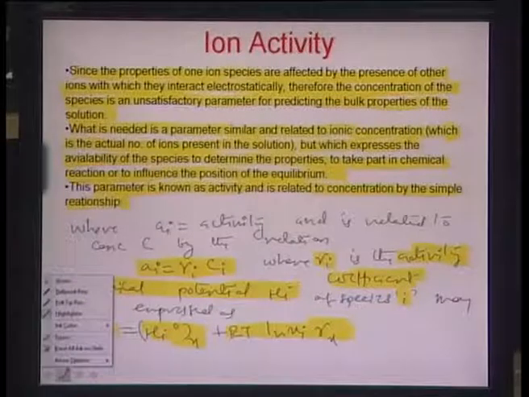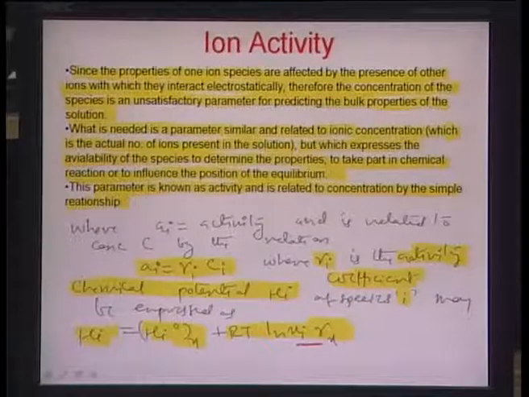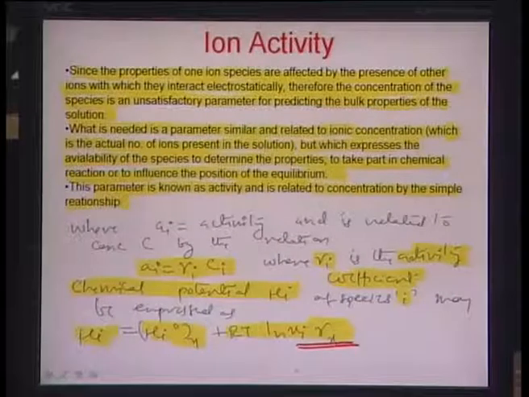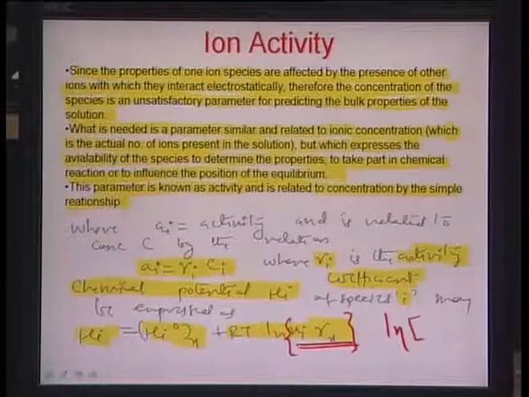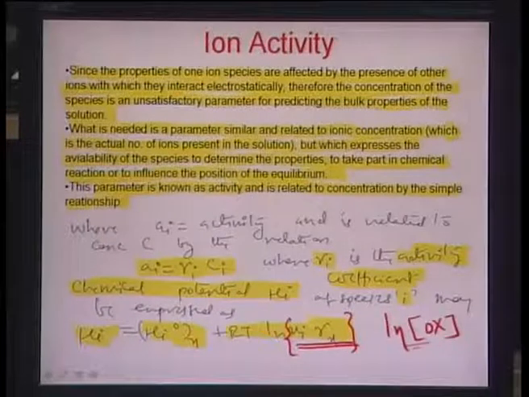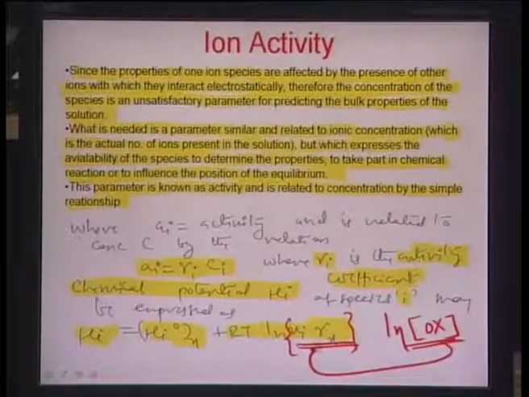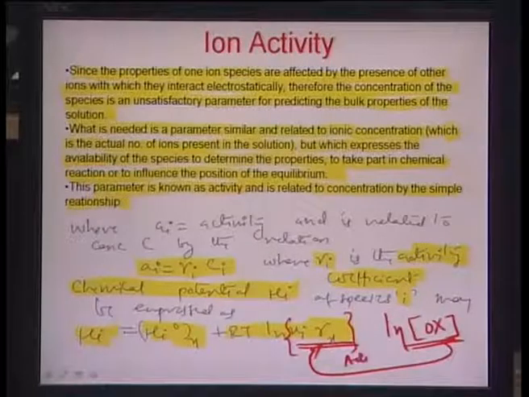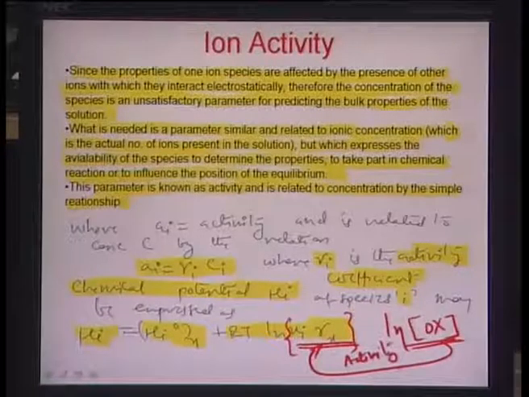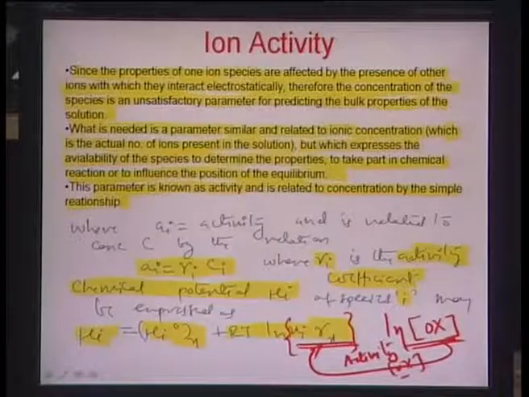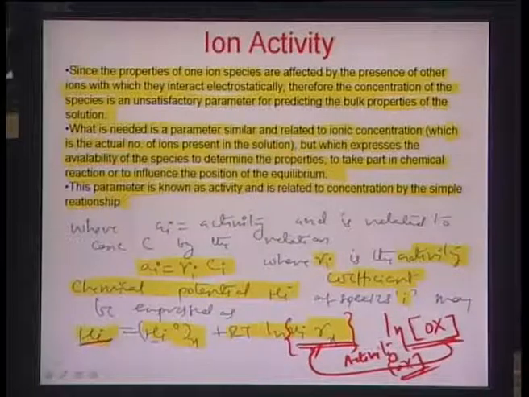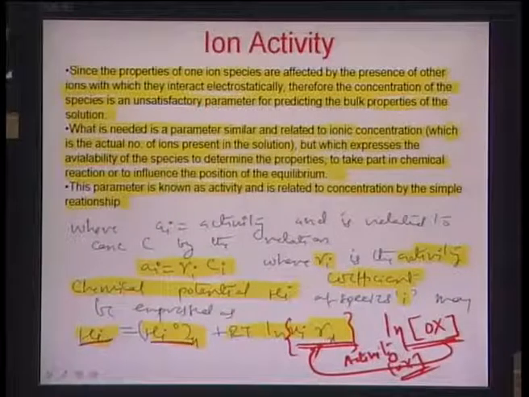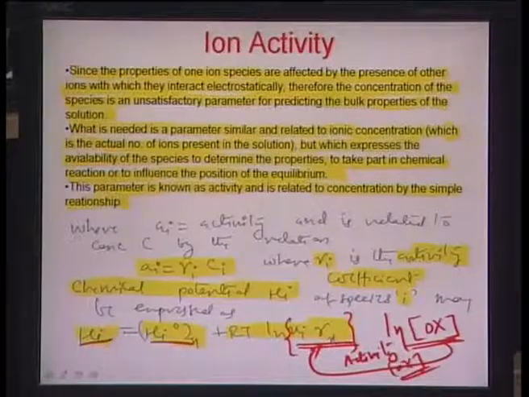What is important to tell you here is that if you had looked into the earlier derivations, this term was the concentration of the oxidant, and it has been replaced by the activity of the oxidant or the ionic species. So, definitely there is going to be some kind of a change in the overall way that the EMF is found, or in the overall way that the delta G is estimated because of this.